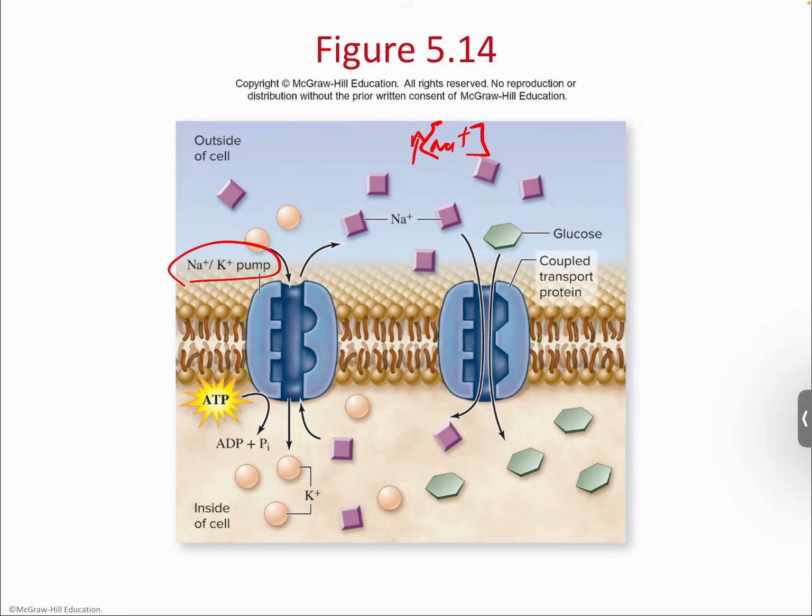And that energy, as it releases, will power the glucose up its hill, right? So the energy that's being released by the sodium going down its gradient is transferred to glucose to power the glucose up its gradient.